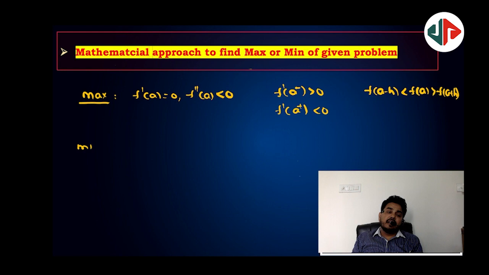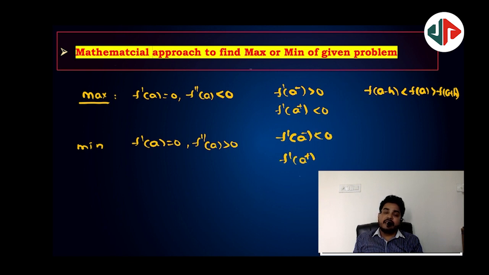For minima, f dash of a is equal to 0 and f double dash of a is greater than 0, or f dash of a minus is less than 0 and f dash of a plus is greater than 0, or f of a minus h is greater than f of a, which is less than f of a plus h.